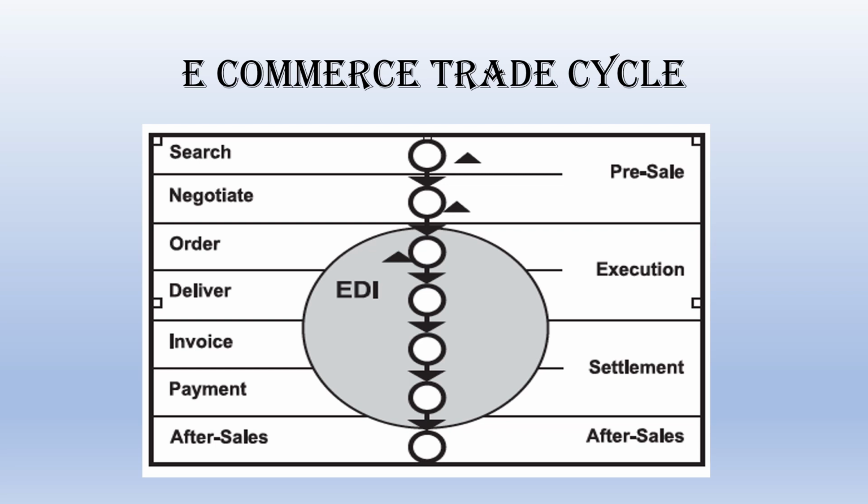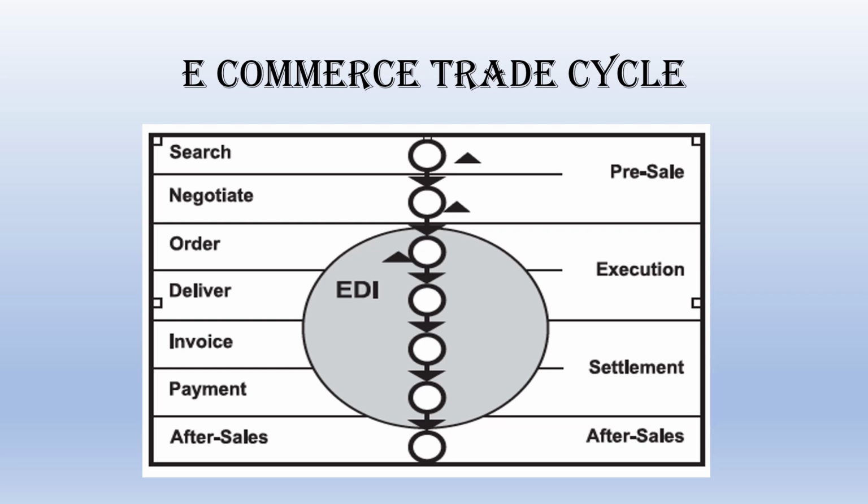The customer will order the product from the particular website, and after the order is placed, the seller gets that order and sends the information to the delivery section, and then the delivery section will deliver the product to the customer. So these are the two steps in the execution phase: order and delivery.